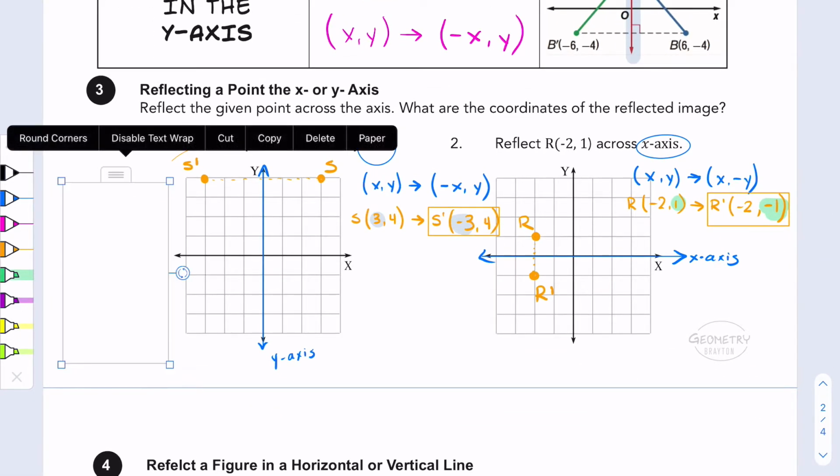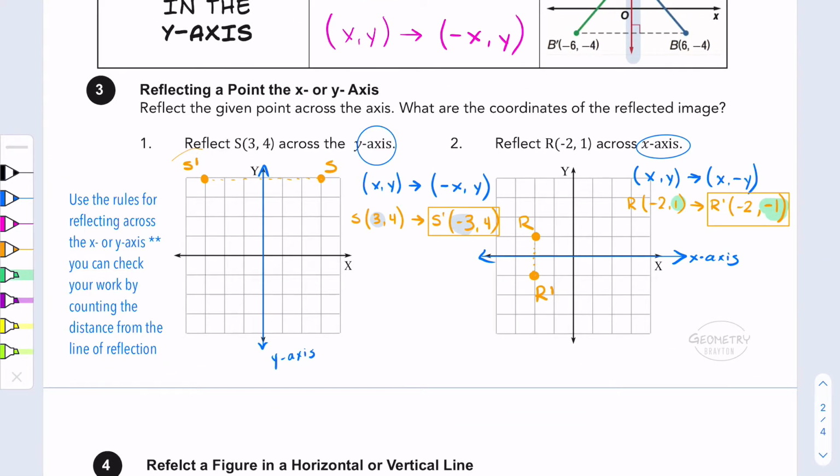So I have that as a note for you to copy down. It says use the rules for reflecting across the x or y axis. You can check your work by counting the distance from the line of reflection, which is what we've been doing in the previous examples. While you do that, I'm just going to make the answer a little bigger on these for you to see.